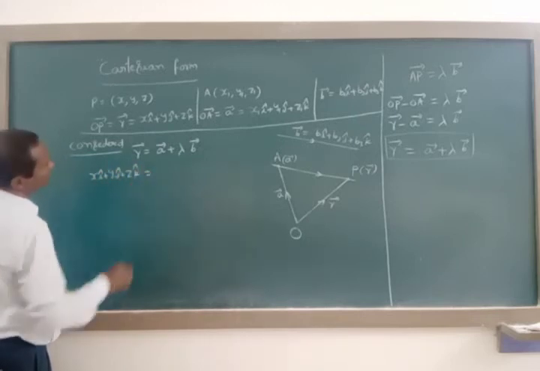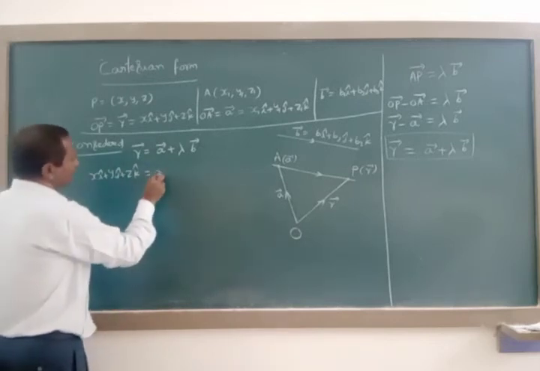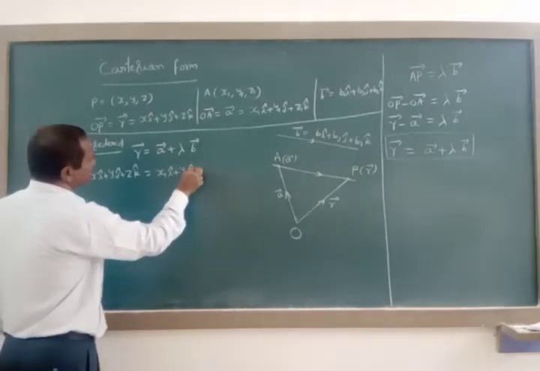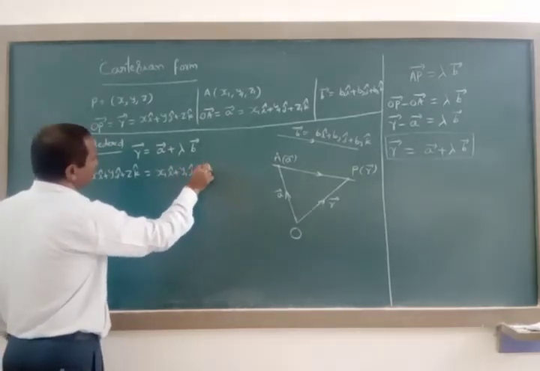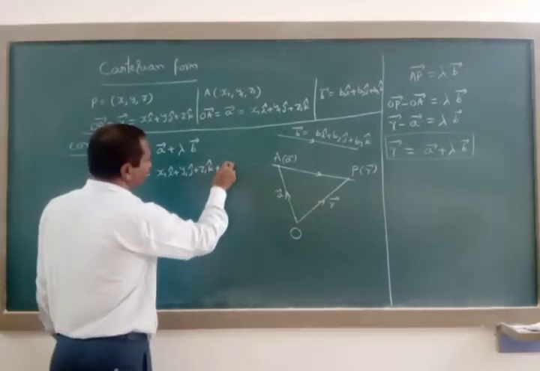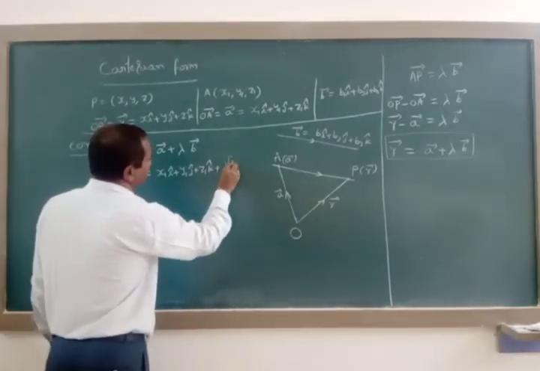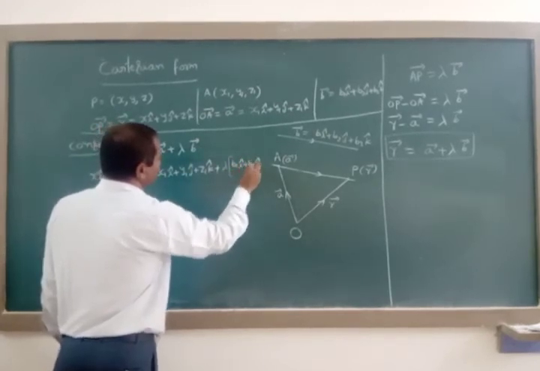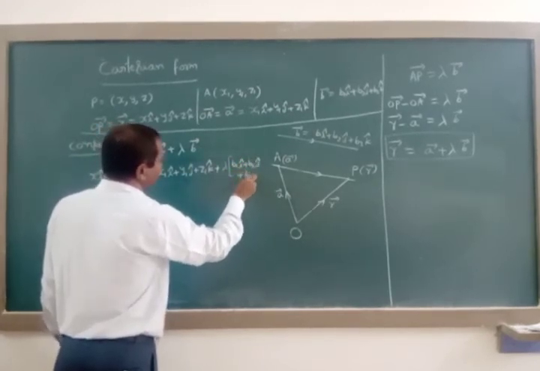It is equal to A bar, which is x1 i cap plus y1 j cap plus z1 k cap, plus lambda into b1 i cap plus b2 j cap plus b3 k cap.